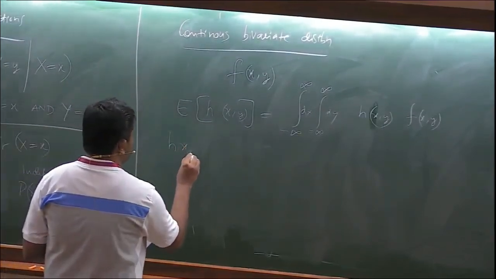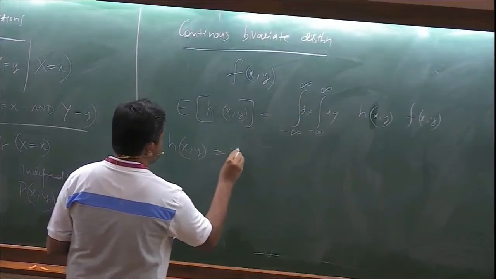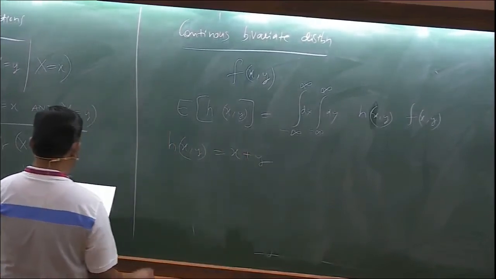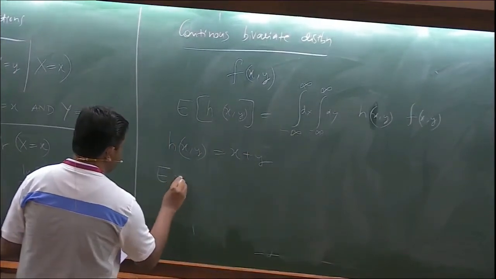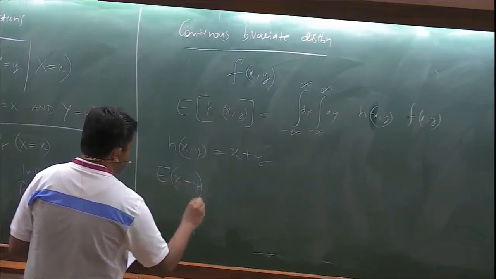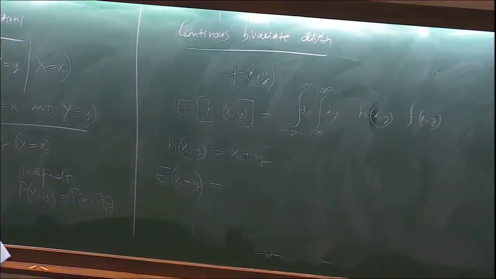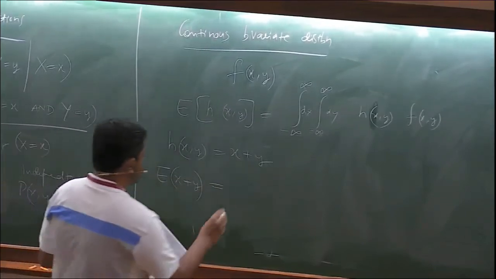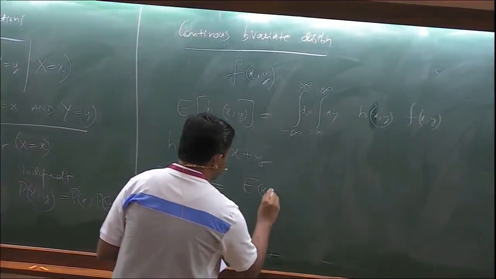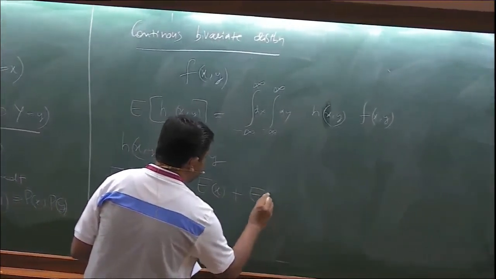Suppose you look at h to be just the sum, then the expectation value of the sum of the two variables will just turn out to be the expectation value of x plus the expectation value of y.